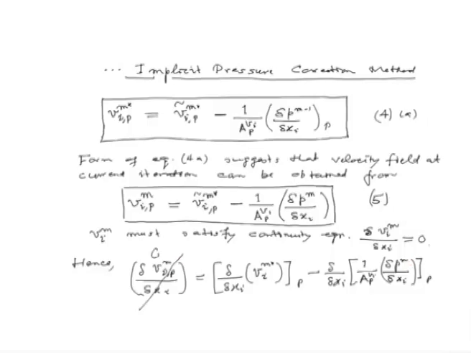First term should be 0 because VI M satisfies the continuity equation.